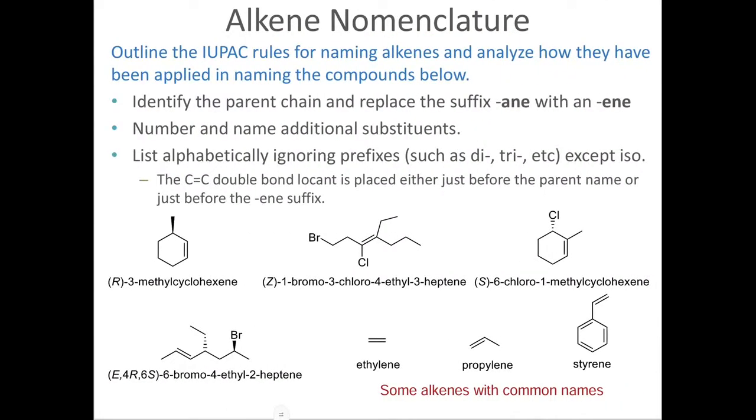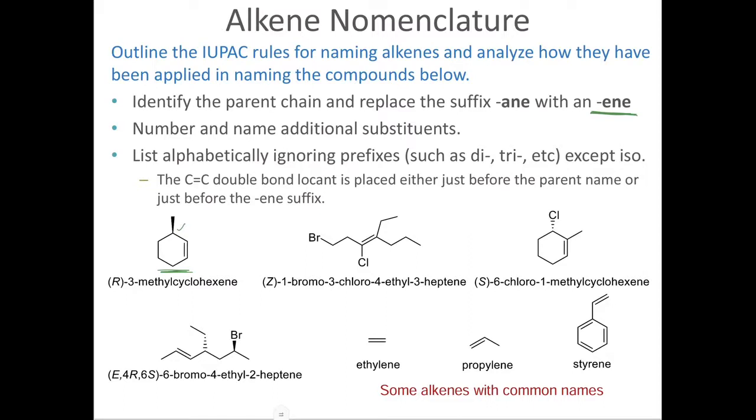Let us see how we can apply that in the naming of alkenes. So, in the naming of alkenes, we follow the systematic rules similar to the ones that we learned in the naming of alkanes. The only difference is we have to consider the functional group, the alkene, within the parent structure. So here, let us start with the first one here. What we are going to do is to look at the way by which we can name it, so we have the lowest numerical value for the substituent, and we have to start with the longest chain that contains the functional group.